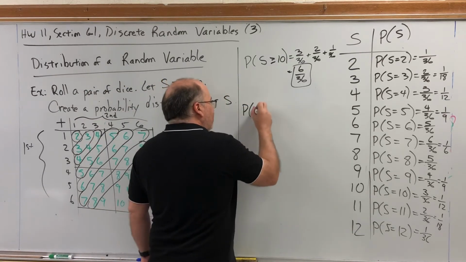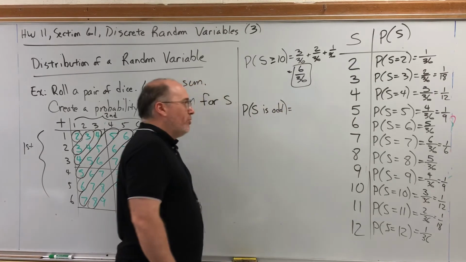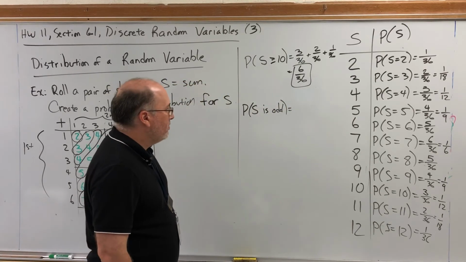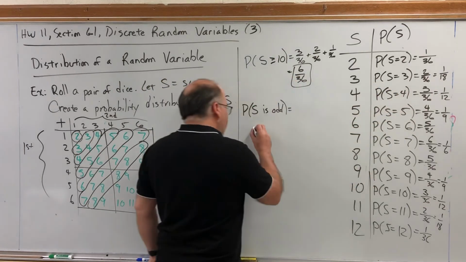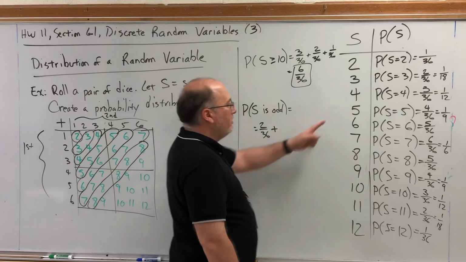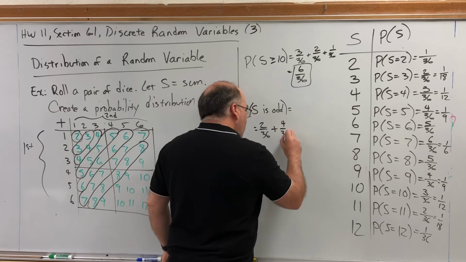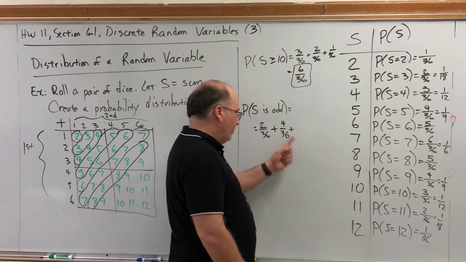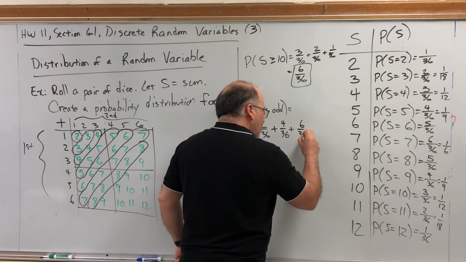What's the probability S is odd? In other words, that we roll an odd sum. Well, the sum could be 3, so it's 2 out of 36. Or, plus, the sum could be 5, which is 4 out of 36. Or, plus, the sum is 7, which is 6 out of 36.